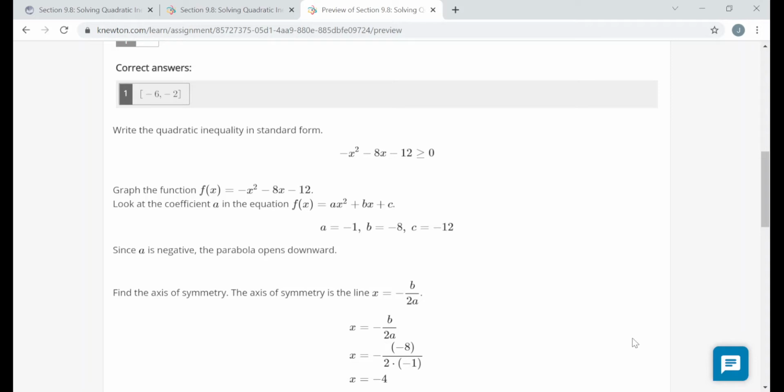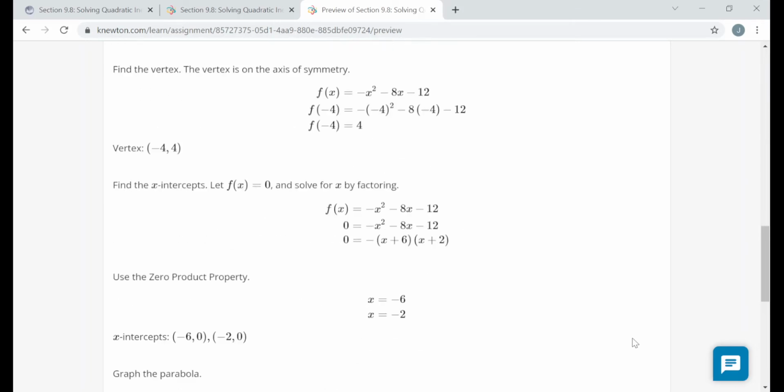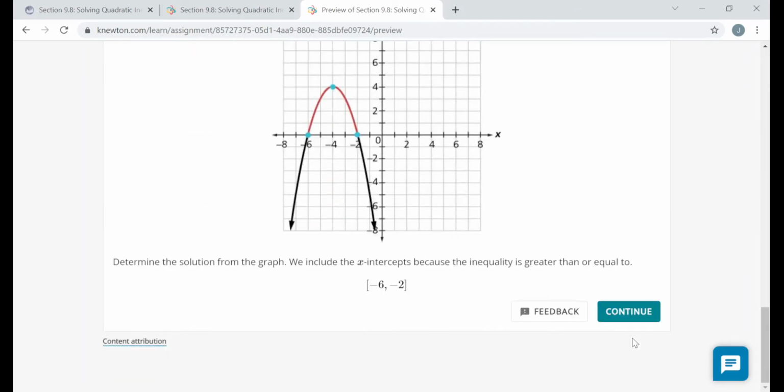And if you knew where the x-intercepts were and how the parabola would open, using the lead coefficient to determine that, then you could very easily tell where the solutions were, right? What x values made the graph above the x-axis for greater than 0, or below the x-axis for less than 0, or on the x-axis for equal to 0. And then you drew your intervals from there.